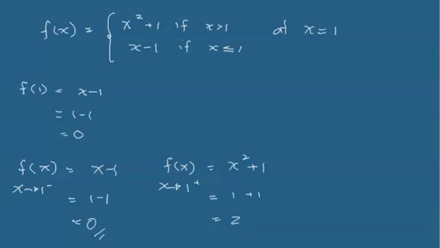So we can see here that the right hand side and the left hand side limit exist, but they're not equal. Therefore, it is discontinuous. And because of that, this is a jump discontinuity, and it is non-removable.